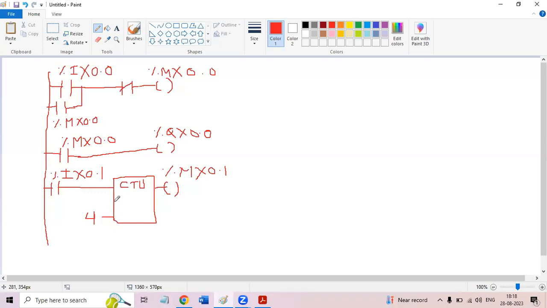And let us give reset also, %MX0.1. And here also we break it by %MX0.1. Look at the screen, please, everyone.